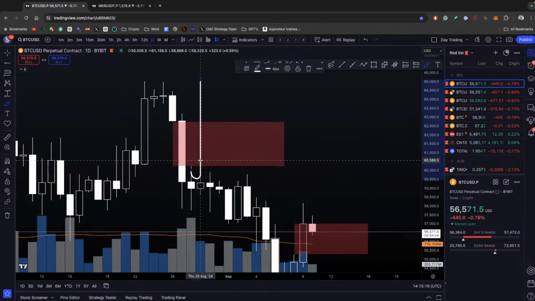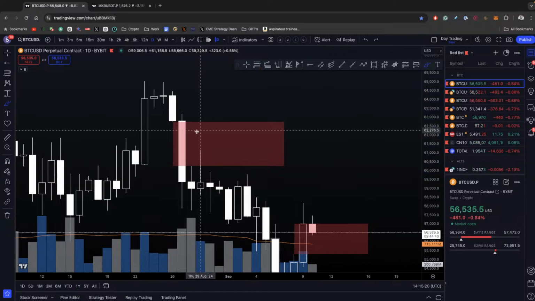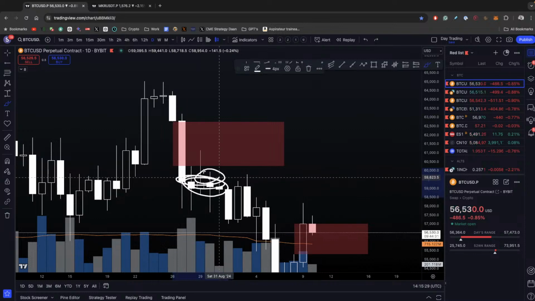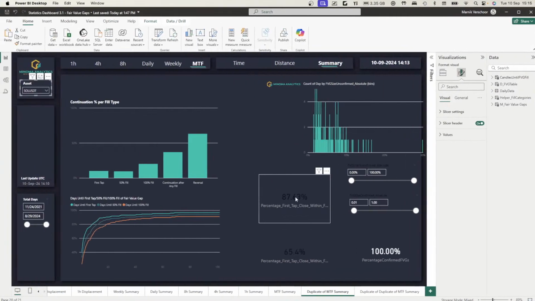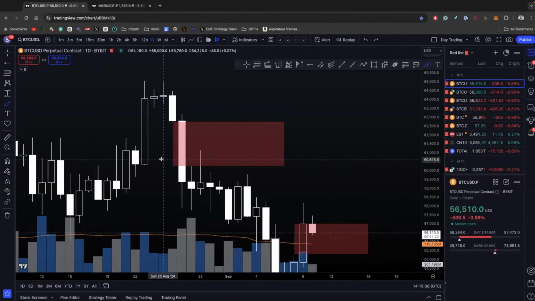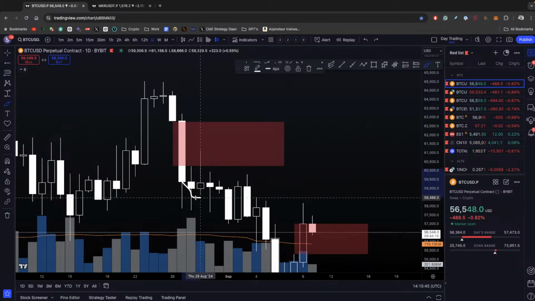Discounting those, so if you do have at least not an immediate reversal, then 85% of fair value gaps that get tapped for the first time have their candle close outside of the original fair value gap. That is this metric right here. Whereas only 10% of those lead to continuation. That means that what most often happens is that you have this fair value gap, you tap into it, you close back out.